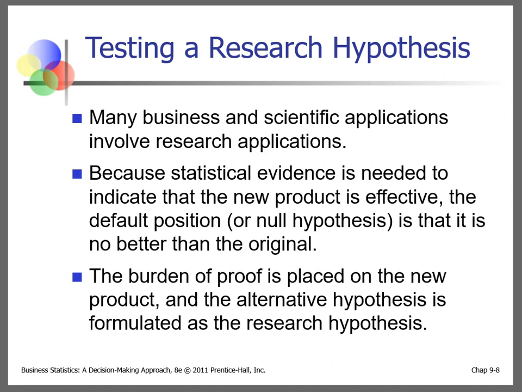Because statistical evidence is needed to indicate that the new product is effective, the default position, or null hypothesis, is that it is no better than the original. The burden of proof is placed on the new product, and the alternative hypothesis is formulated as the research hypothesis.